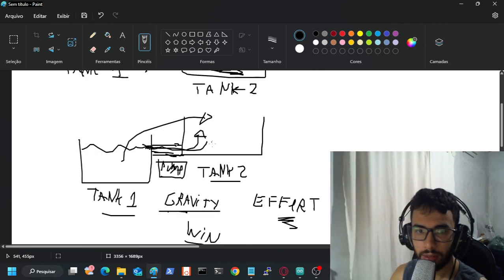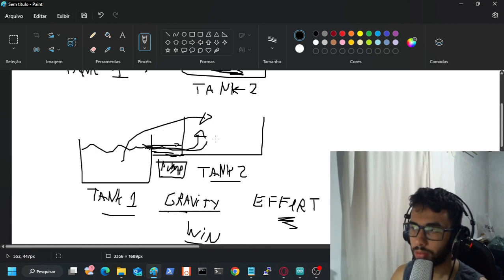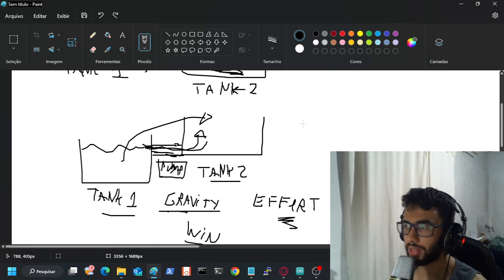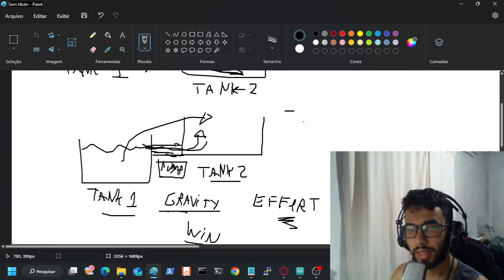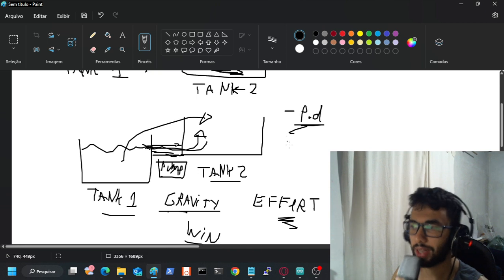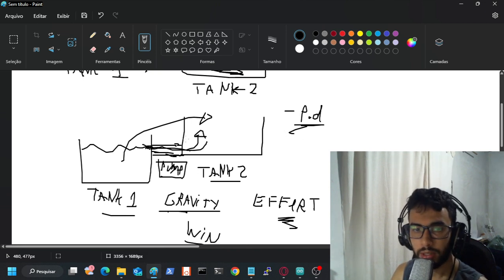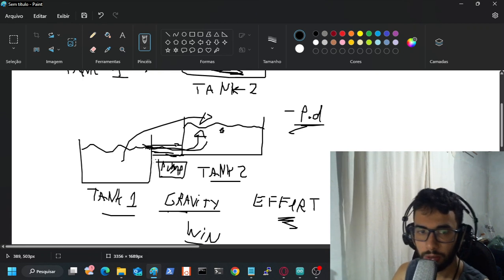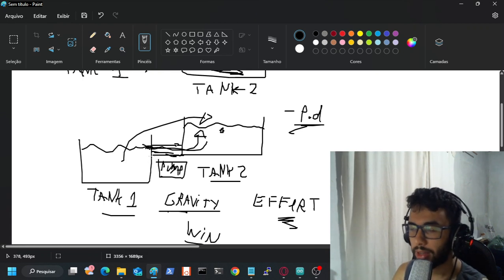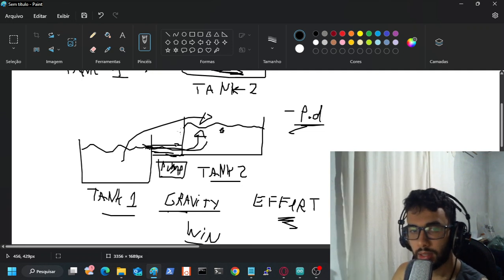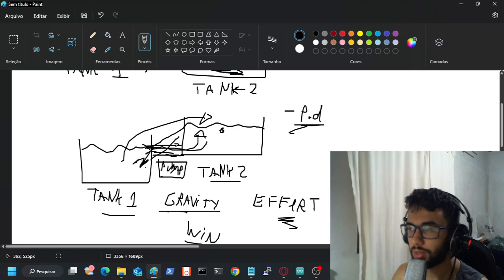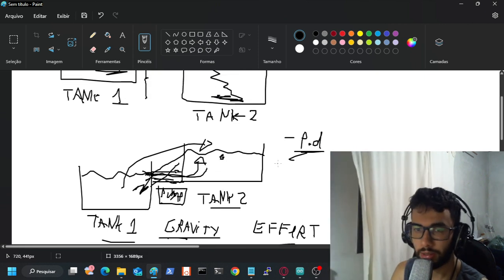In this case, we also have a potential difference. We can consider it as a negative potential difference, because if I try to move the water from tank 2 to tank 1, I can easily put a pipe here and the water flows into tank 1 naturally.